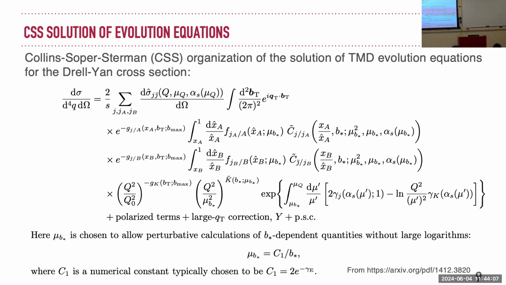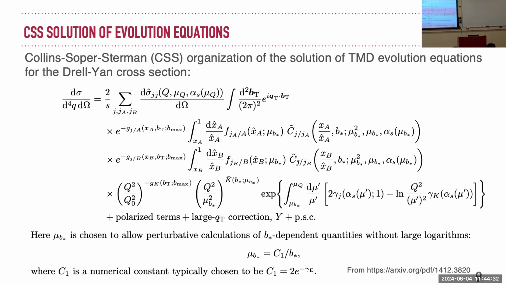And the other scale that we have is just q. So now we are doing perturbative expansion. We say alpha s is small, alpha s squared, and so on and so forth. But alpha s can be small, while log of qt over q, when qt goes to 0, can be very, very large. At qt equals 0, it's infinity. And therefore, this will spoil any expansion in alpha s.